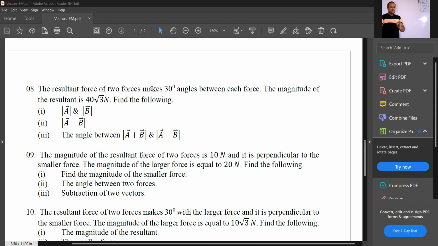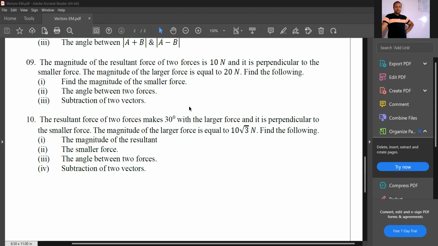If it is a square, the angle should be equal to 45. But now it is equal to 30. That means this parallelogram should be a rhombus.